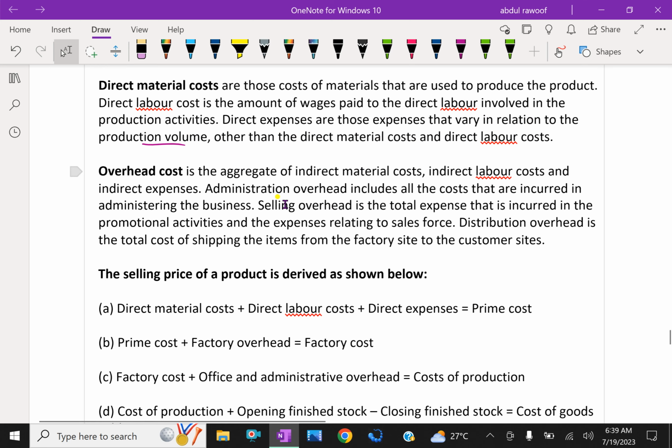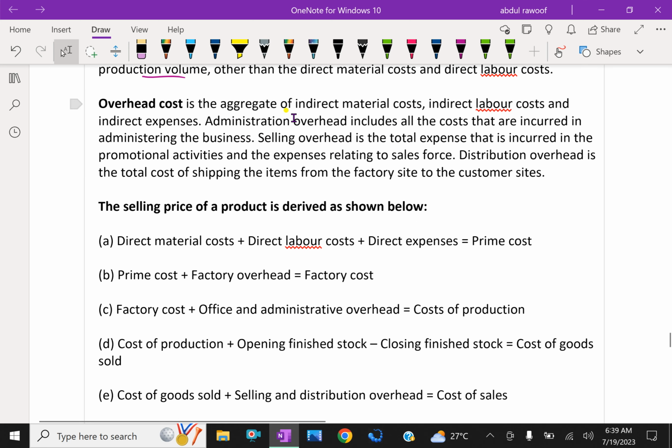Overhead cost is the aggregate of indirect material cost, indirect labor cost, and indirect expenses. Those together form your overhead cost. Administration overhead includes all the costs that are incurred in administering the business.